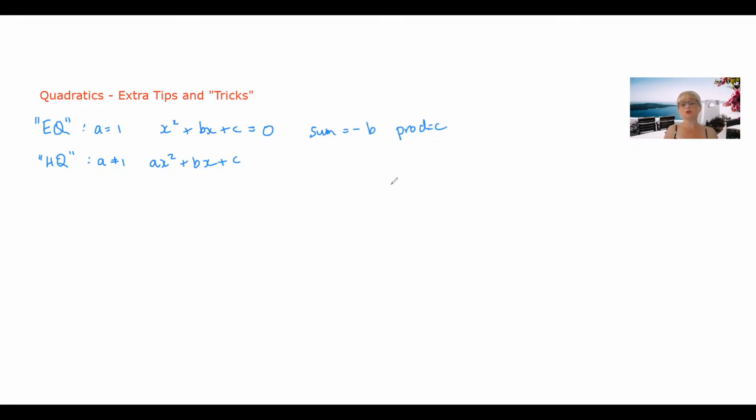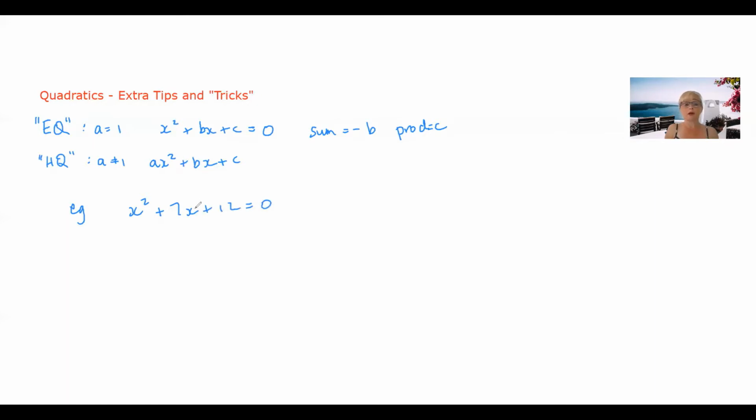In order to solve an easy quadratic, you do have options. Generally speaking, my suggestion is that if you can factorise and use your null factor law, go ahead and do it that way. So for example, say we had a fairly simple one, x squared plus 7x plus 12 equals 0.